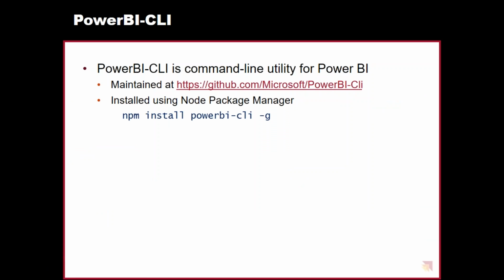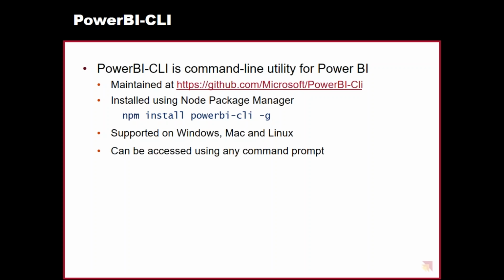So you have Node Package Manager, and then you can install the Power BI command line tool from there. Now, a nice thing about the Power BI CLI, it's supported on Windows, Mac, and Linux. And the idea is that some people might actually sit at the console and type commands in to update or upload PBIX files in a production environment.